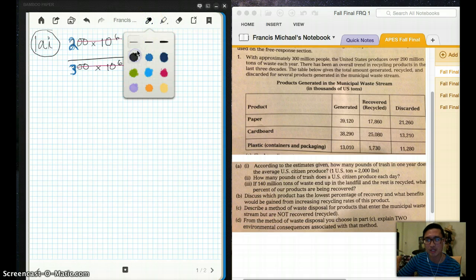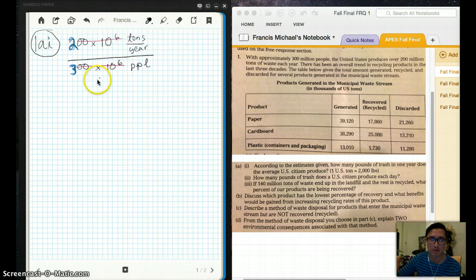Now, how are we going to get that so that it's in pounds per person? Okay, so let's go ahead and move on. So let's say we have 200 tons per year, and we had this over 3 people. Well, tons per year, how much is 1 ton? 1 ton weighs 2,000 pounds.